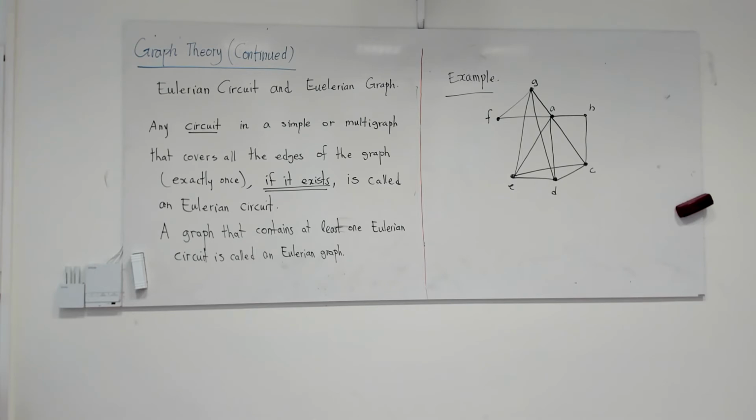If you find one, then that's correct. It means that you can draw this picture with one pen stroke without raising your pen and without repeating any edges. If that's the case, then this graph is an Eulerian graph. Can you give me an Eulerian circuit here?